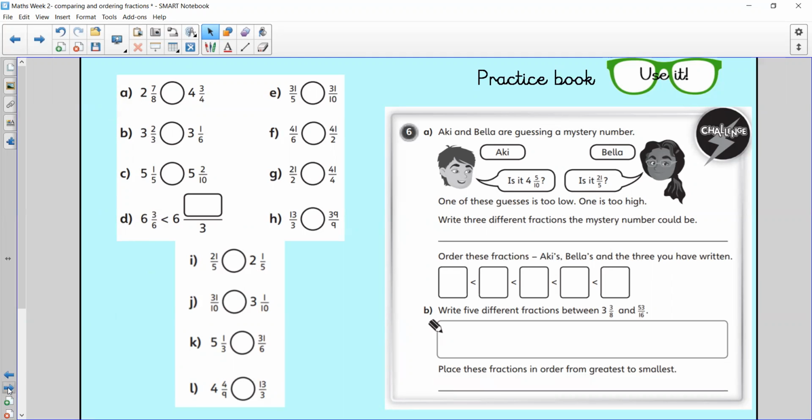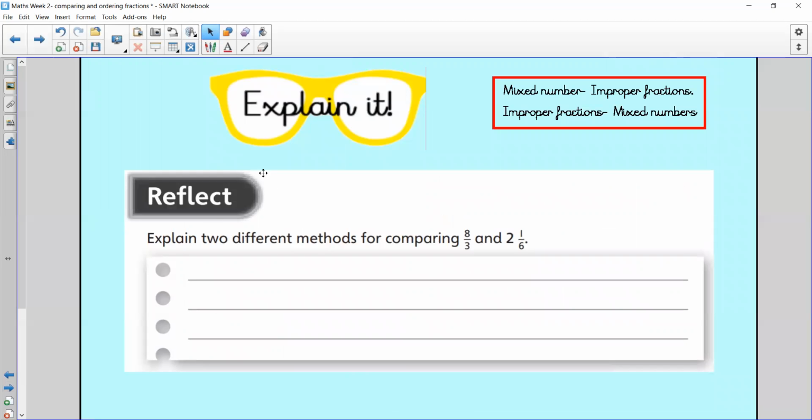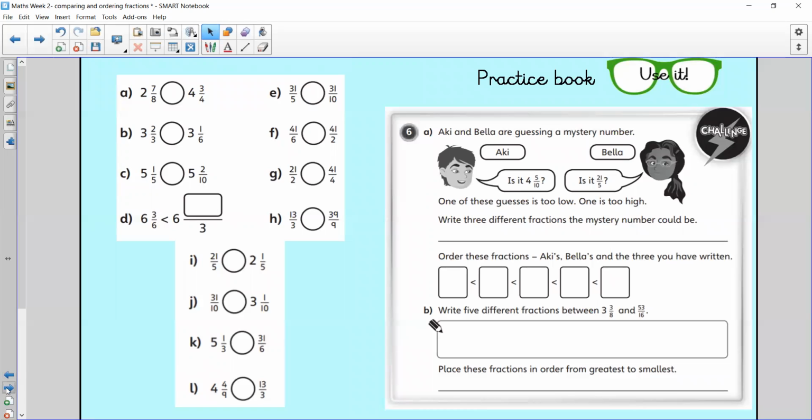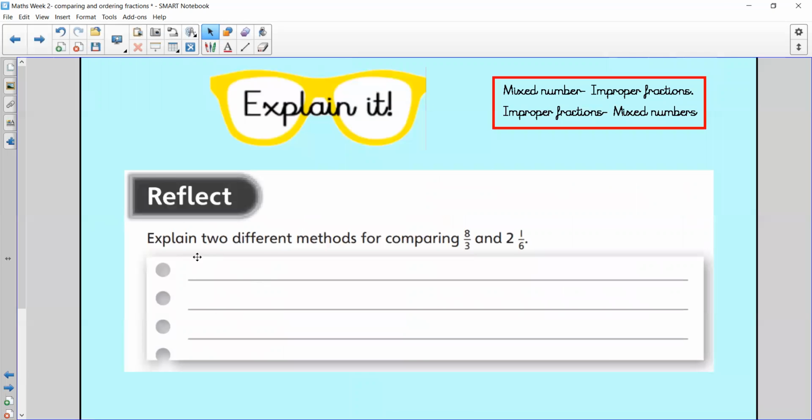If that challenge is a little bit too tricky and you think, I'm not quite ready for that yet, remember that keyword yet, you can always have a little go at your explain it, and then come back to your challenge maybe over the weekend if you are wanting to say, do you know what, I'm ready to have a little go at it now. So reflect then, everybody, I would like you to have a go at it. Explain 2 different methods for comparing 8/3 and 2 1/6. So what could you do? And I'm giving you a little clue up here.